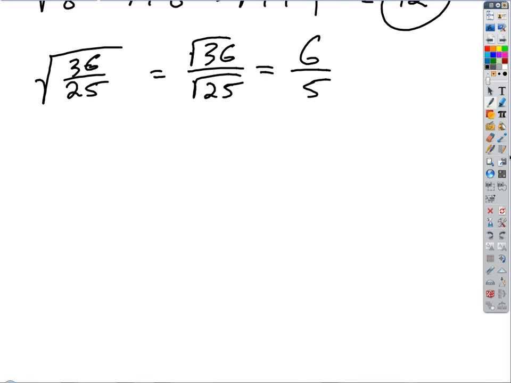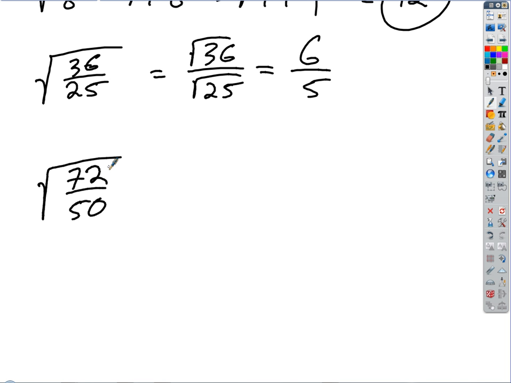How about, what if we had instead the square root of 72/50ths? Now this time we could split it up, but we can always use another trick too. In this last one, 36/25 didn't reduce as a fraction, right? If you can reduce the fraction, that's a good idea. Make it smaller before you have to mess with the individual square roots. What about this one, 72/50?